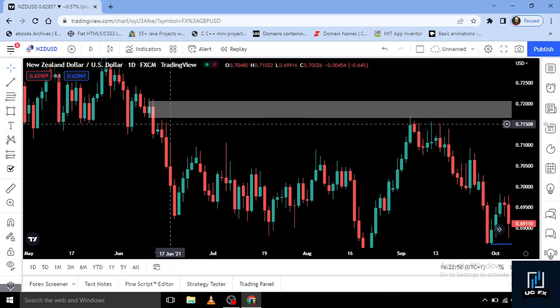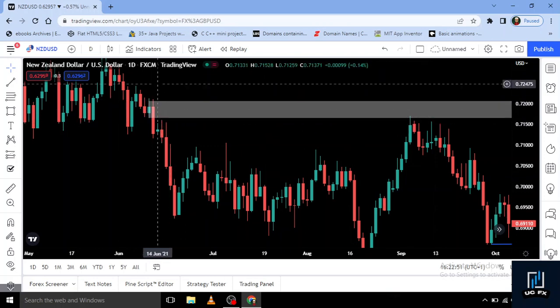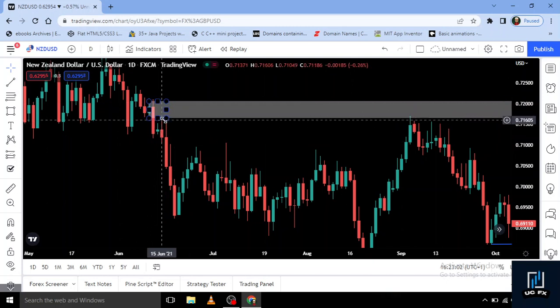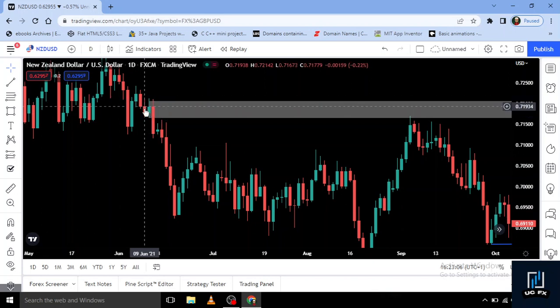So how do you identify an order block? An order block is basically the candlestick that is formed before an impulsive move, either down or up. Right here we have a bearish order block. So this green candle is actually the order block.